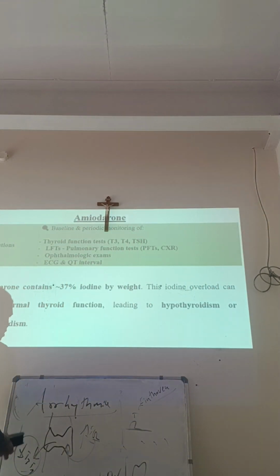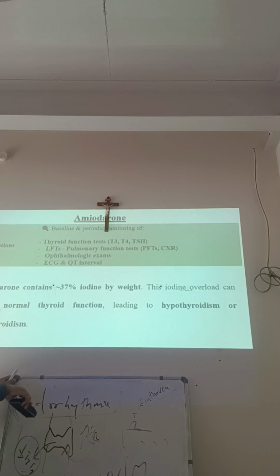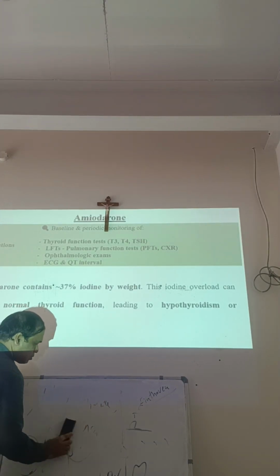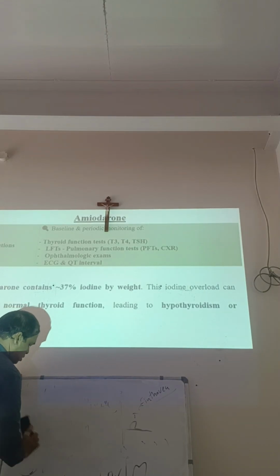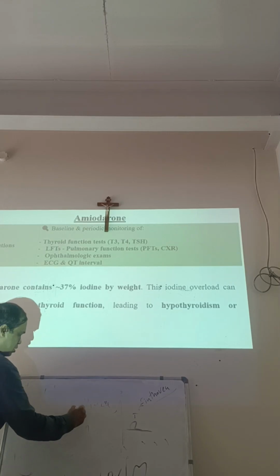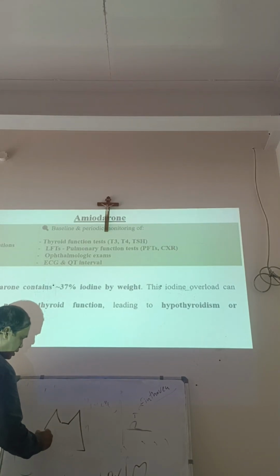Now you may ask, sir, how can it be hypo or hyper? It should cause either one. How can it cause both? It depends. Why? Because of the thyroid gland in the neck region.